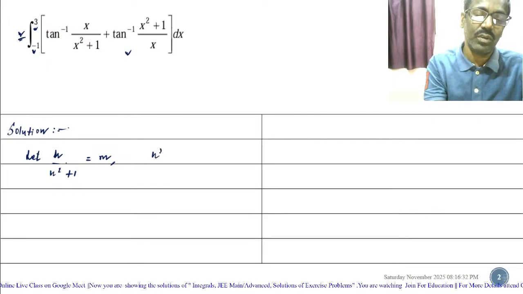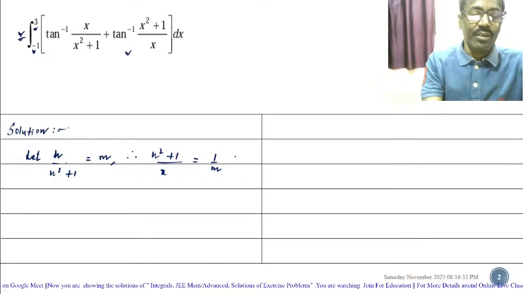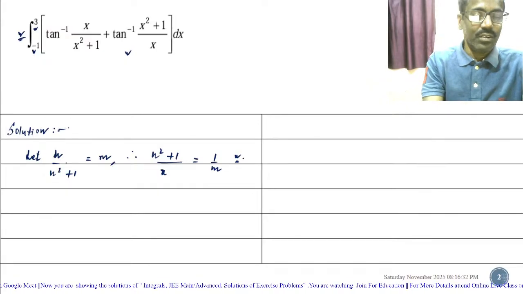Therefore, x square plus 1 by x equals 1 by m. Hope there is no problem to understand up to this step.